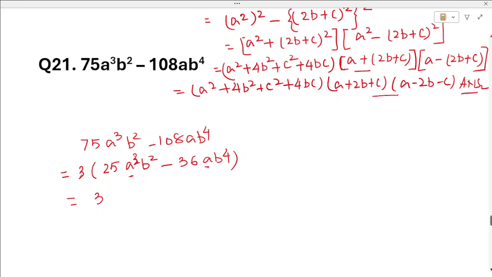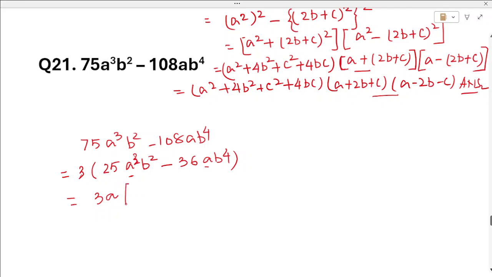So what is the common between a to the power 3 and a? We can take out a as a common term. Because I want to express it as a square, if we take out a common, it will become a square, and here it will become 1. So there would be no problem. So that's why I'm taking a outside the bracket.